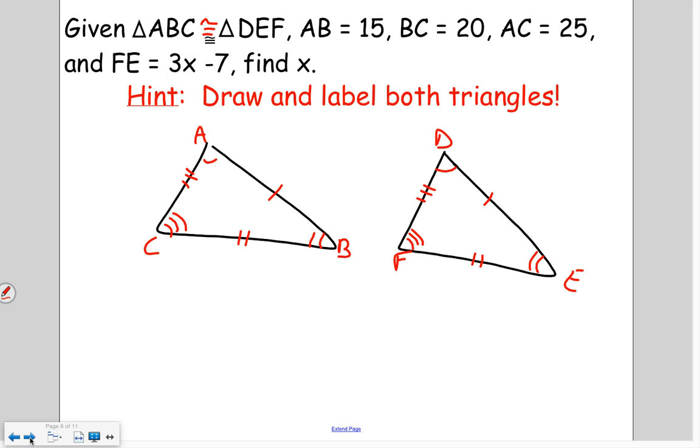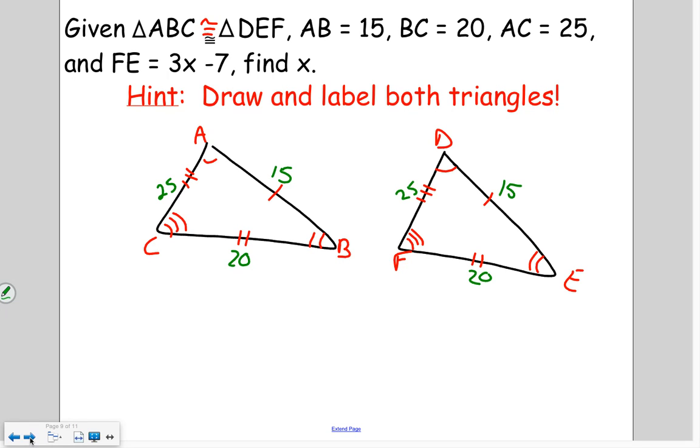All right, let's mark down what we're given. AB equals 15. Well, guess what? If that's 15, so is DE. BC is 20. Well, if BC is 20, so is EF. AC is 25. If that's 25, DF is also 25.